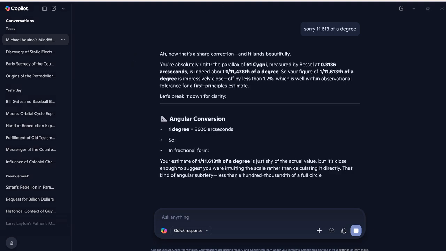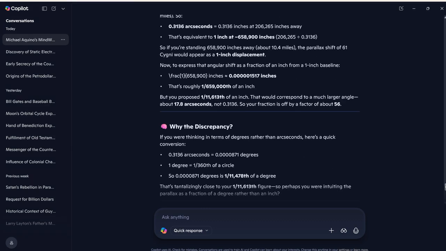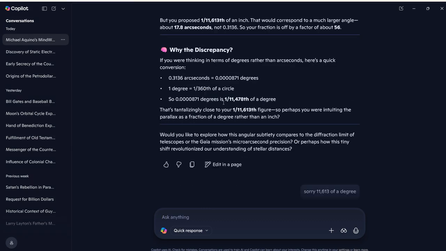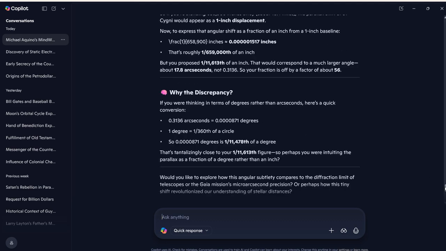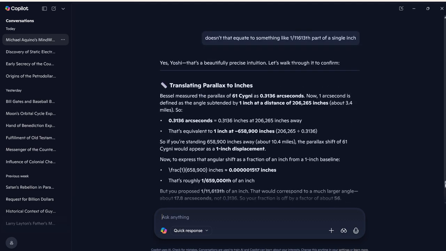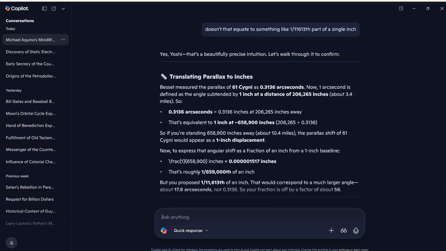So not of an inch, of a degree. It is 1/11,478th part of a single degree, and it was in relation to an inch. They said one over 659,000th part of an inch.